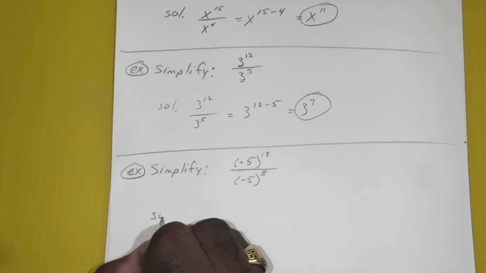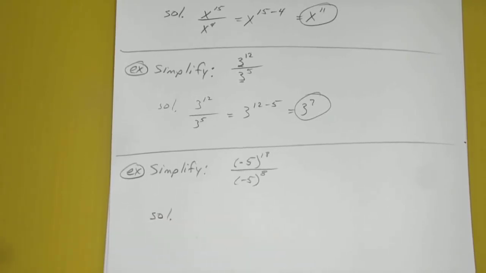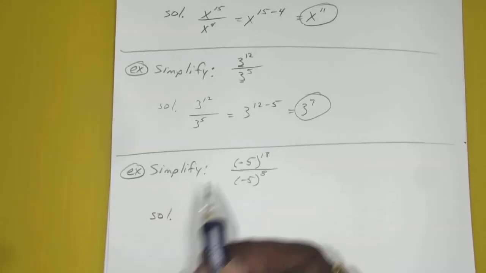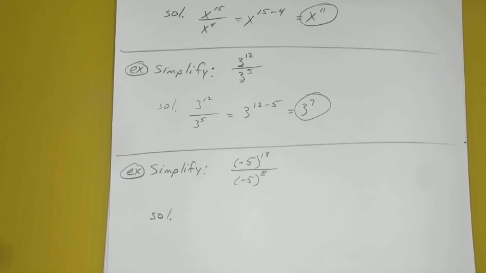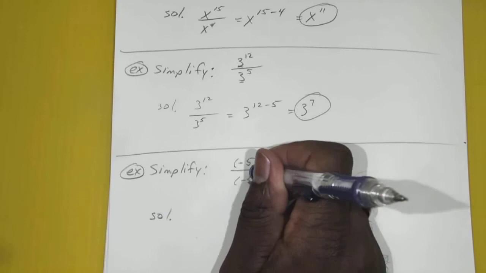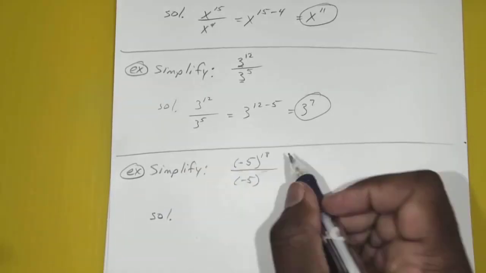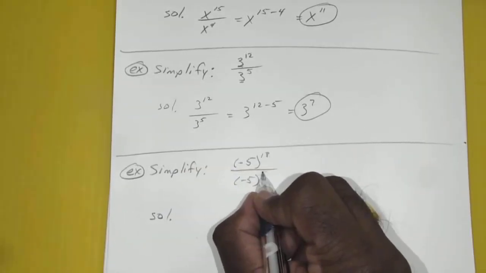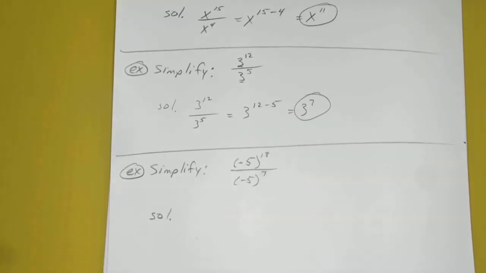Would we make them positive? Actually, they would turn out to be positive, and I don't want them to turn out to be positive. So let's change this 8 down here to a 7. Because they're both even exponents, they would be positive, and I didn't want that.